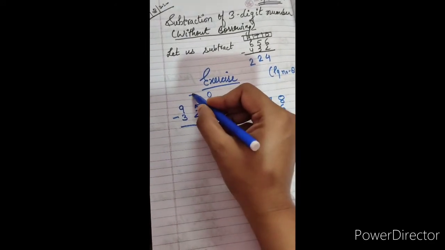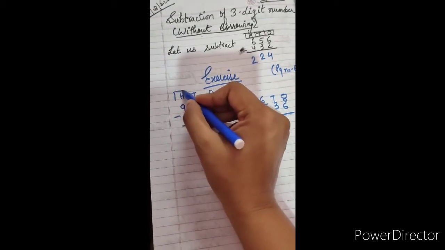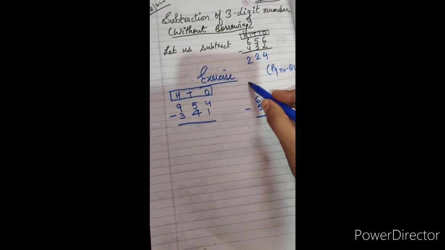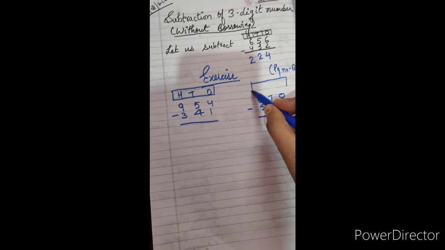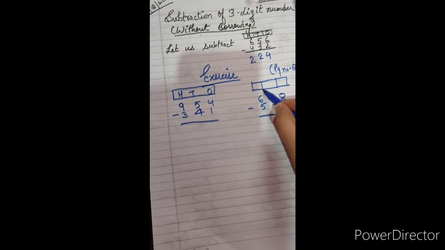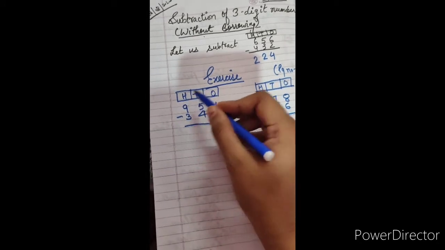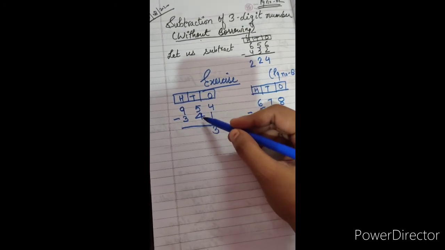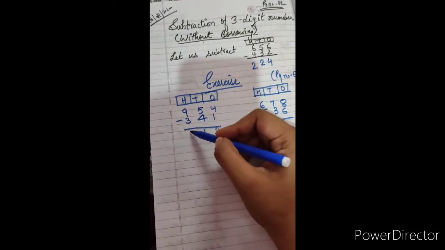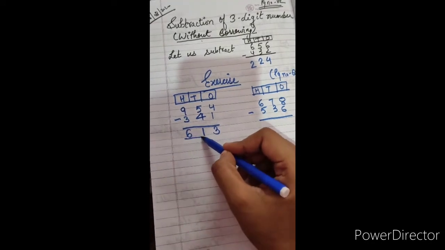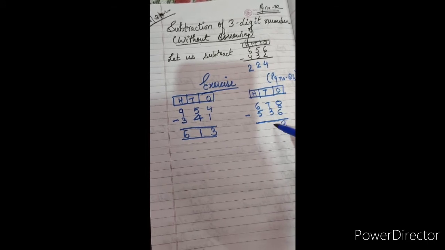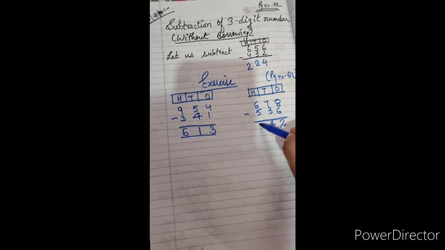And this is ones, this is tens, this is hundreds. Now subtracting the ones, 4 minus 1 is 3, 5 minus 4 is 1, 9 minus 3 is 6, so 613. 8 minus 6 is 2, 7 minus 3 is 4, and 6 minus 5 is 1.